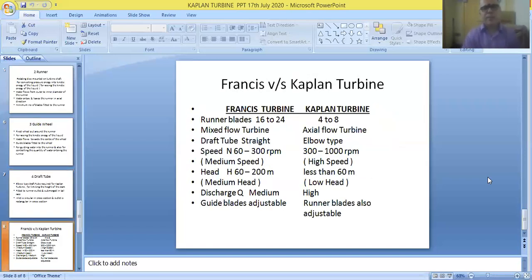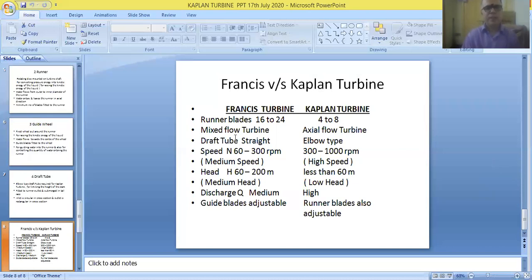And friends, we can note down the differences between Francis and KAPLAN turbines. So 24 blades are required for the runner of the Francis turbine. The 8 blades are sufficient for the runner of the KAPLAN turbine.